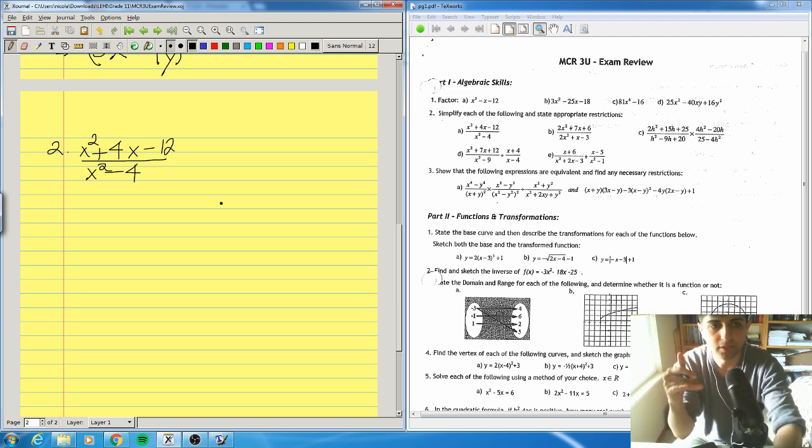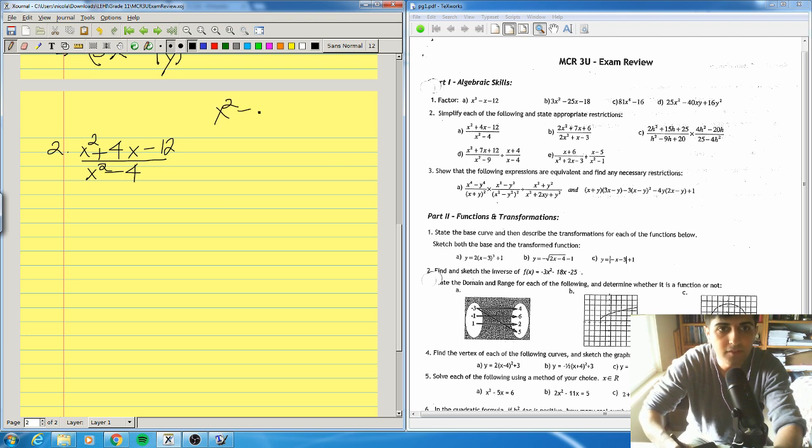Whenever you've got a quotient, the best way to get a restriction is to make sure that the bottom doesn't equal 0.